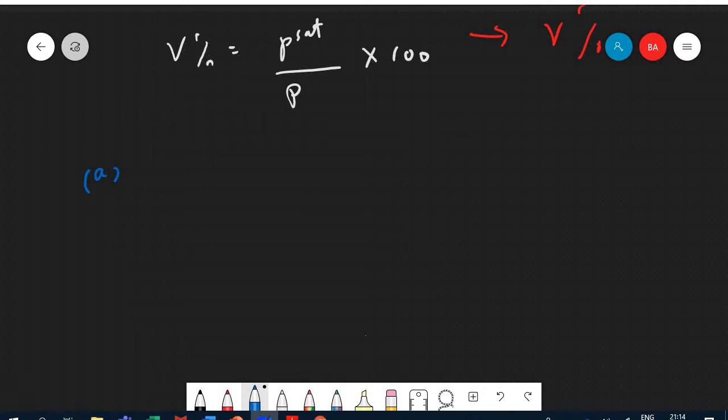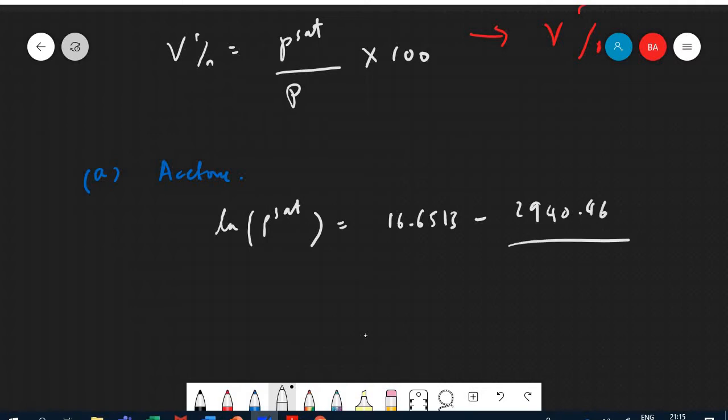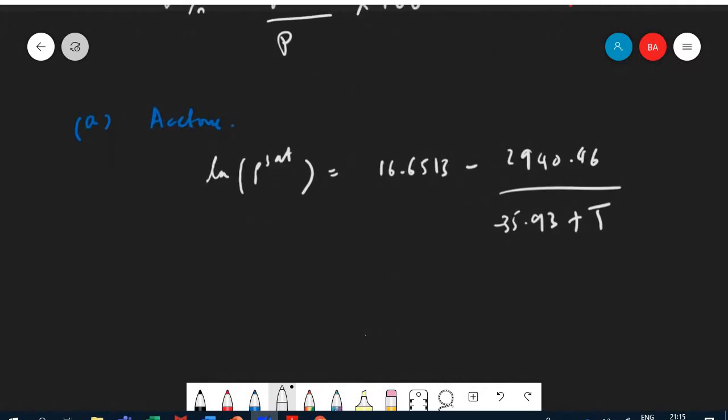So we are going to select the first one, and the first example was for acetone. From appendix E, I have ln Psat is equal to A, which is 16.6513, minus B, which is 2940.46, over T plus C, which is minus 35.93. And we already have T, which is 298 Kelvin, already given by the problem.